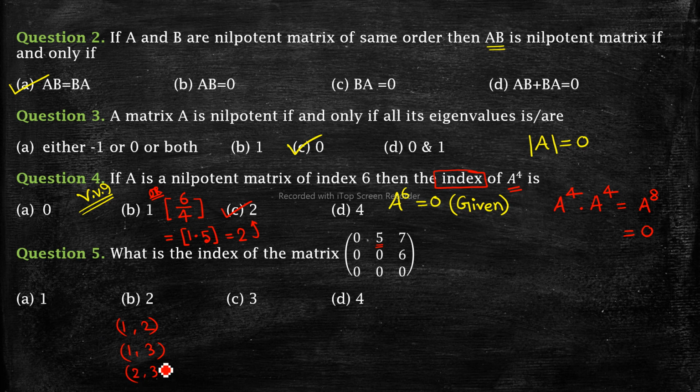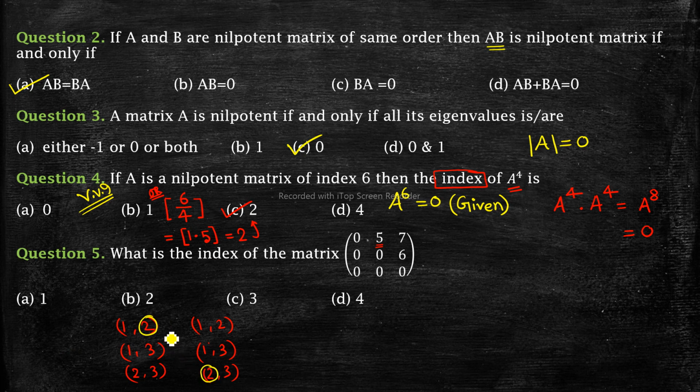Now we are looking for A square, so we have to multiply by the same, because first we look at A square, then A cube, then A to the power 4. Which element will we take? They can make one relation, so we are looking for only one. This is the column space, this is the row space.